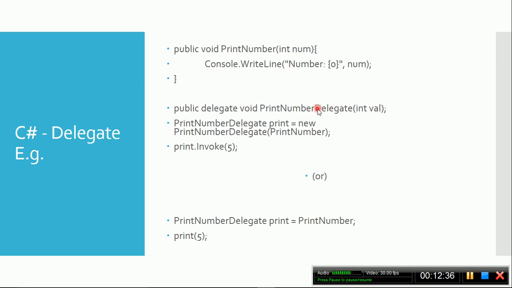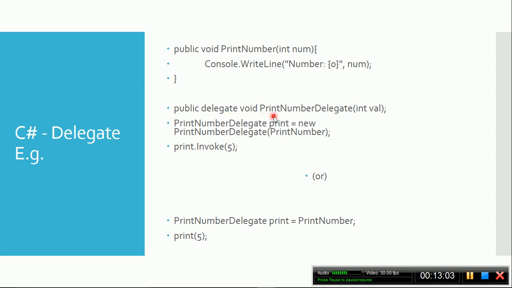These names cannot be the same. This function accepts one integer argument, so I have used the parameter as an integer. Now semicolon. So this and the function prototype are very similar except for the delegate keyword.